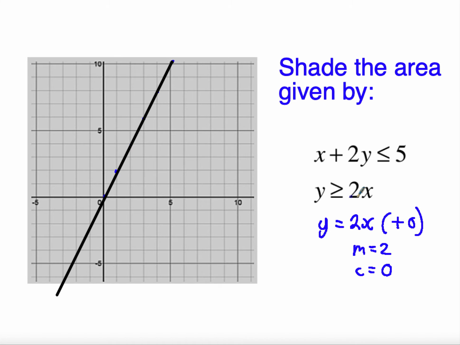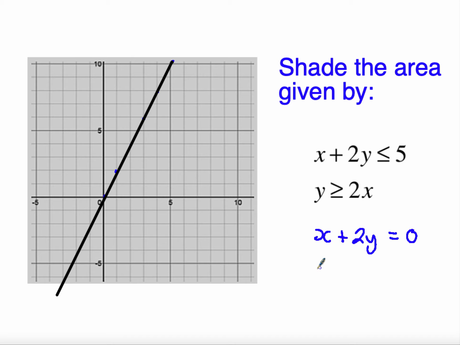And the other one is a little bit trickier this time. So you could either rearrange this into the form y equals mx plus c, or you could just go with 2 points. I think I'm just going to go with 2 points here. So if x is 0, oh, I've not written the question down right, not helpful. That's meant to say 5.